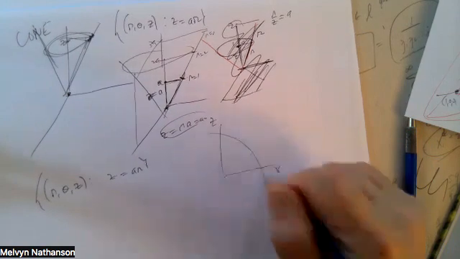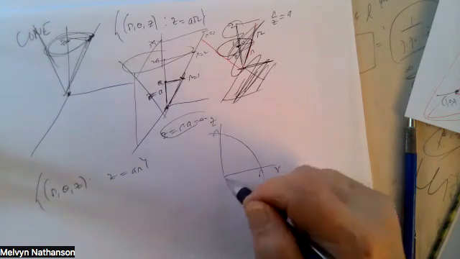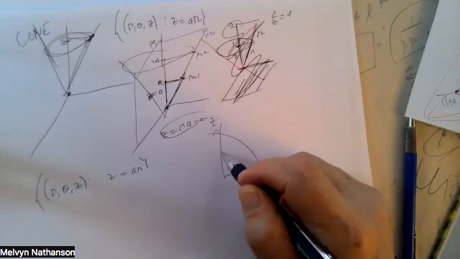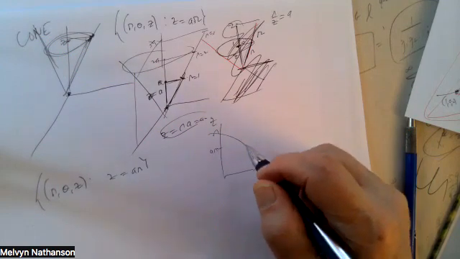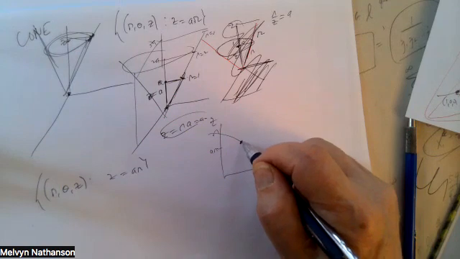When you're a distance r from the origin, your height z is ar. So it's this point.